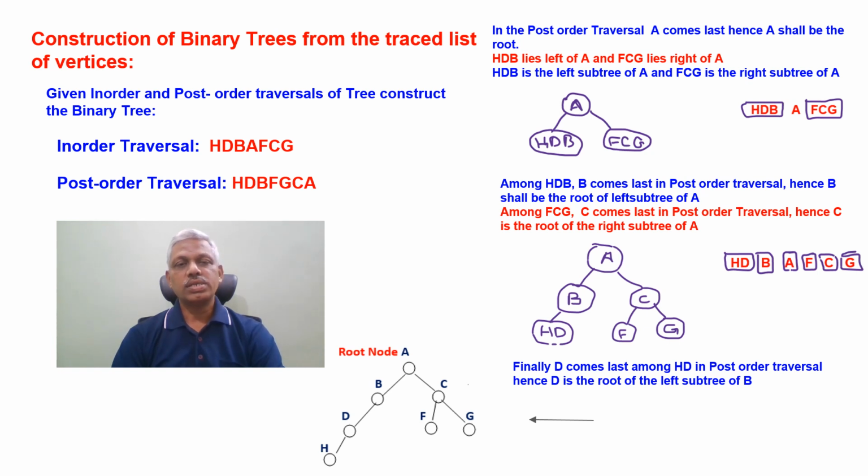Again, among H and D, if you compare, in the post-order traversal, D comes later. So D should be the child of B, and H should be the left child of D. Similarly, among F and G, G comes later. So G should be the right child and F should be the left child. This is how you can reconstruct the binary tree.